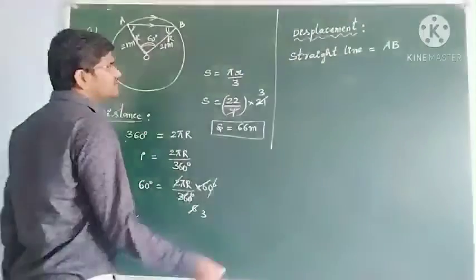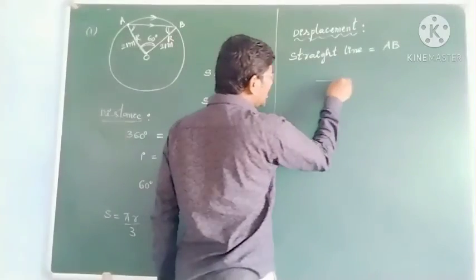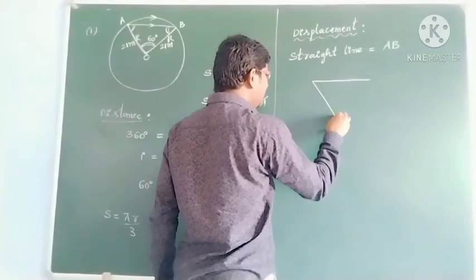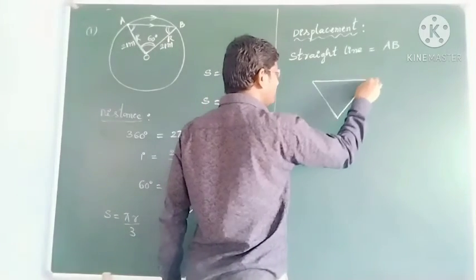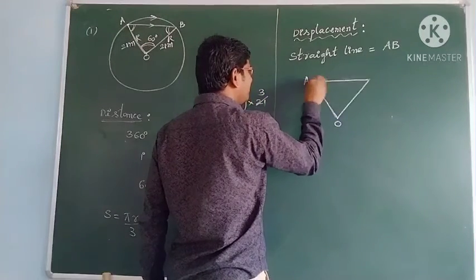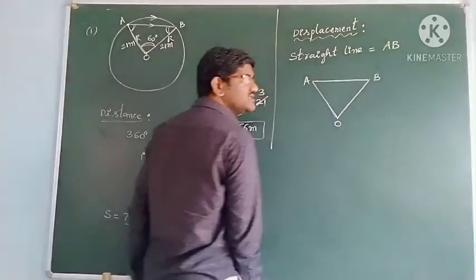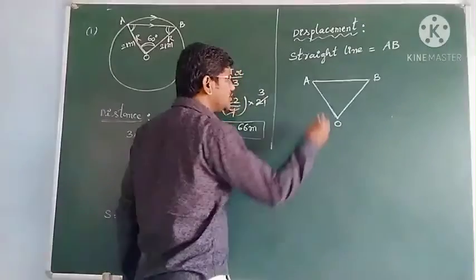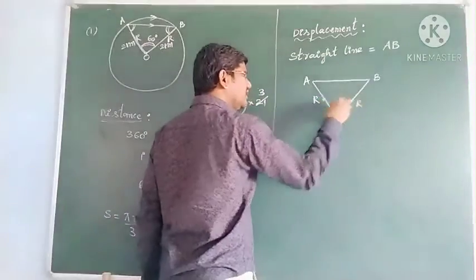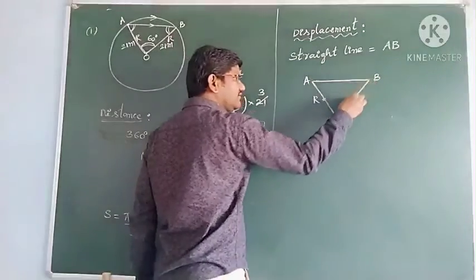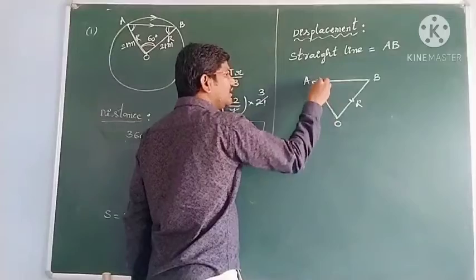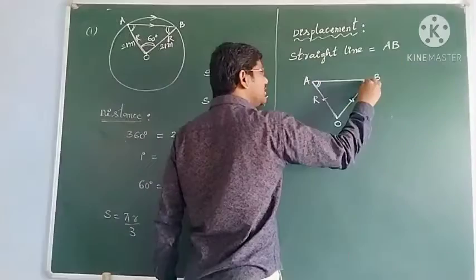Okay students, so here the triangle OAB is an equilateral triangle. This radius is R, and this radius is R, so the length of this side is R and the length of this side is R. These two sides are equal, so the opposite angles are also equal.